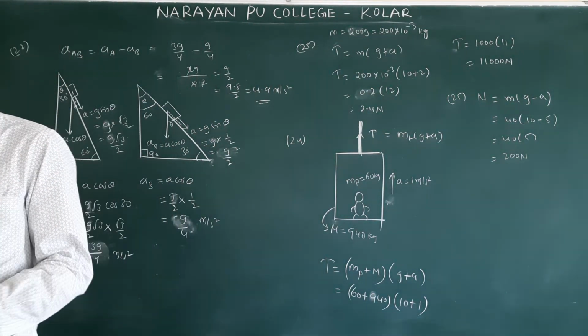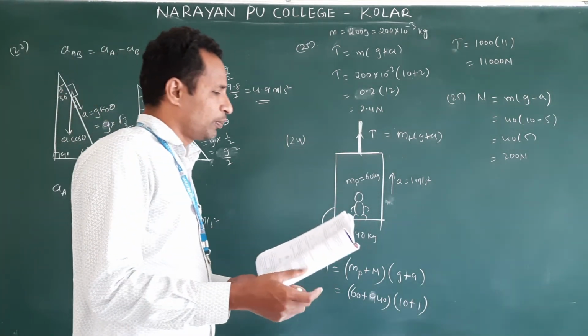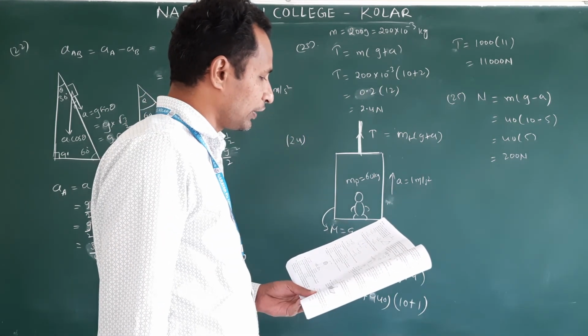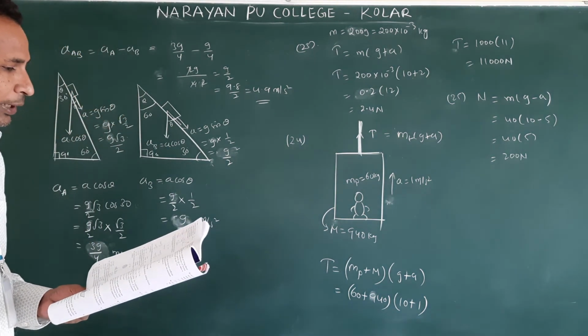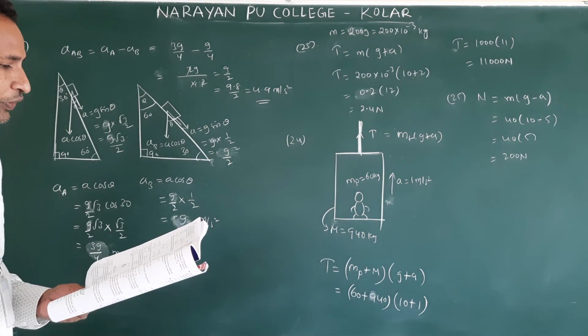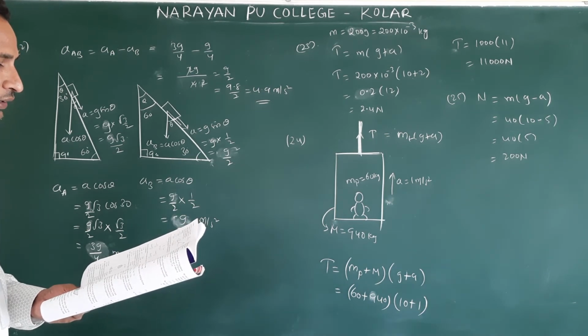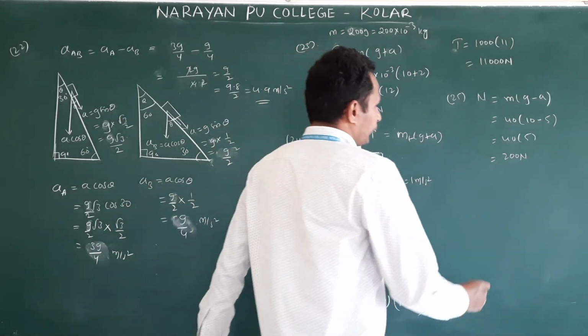Okay. Next, we'll see this 26. A block can slide on a smooth inclined plane of inclination alpha and length d, kept inside a lift going up with uniform velocity. The block is released from the top; find the time taken by it to reach the bottom.